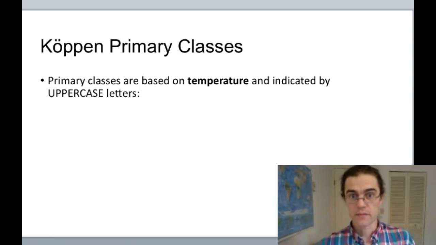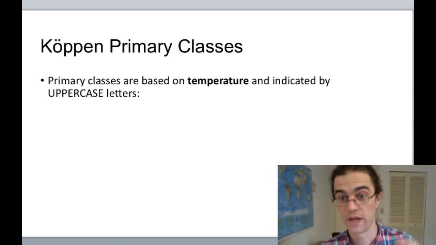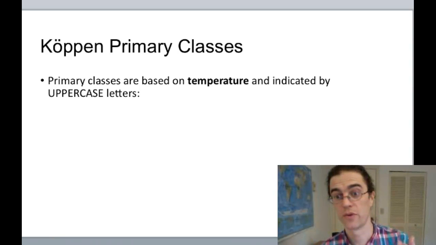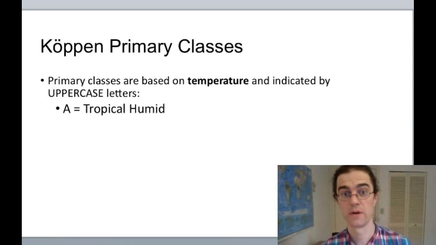So, the primary classes, what this is going to look like is each of these climatic classifications being three letters, either uppercase or lowercase. Primary classes are based upon temperature and indicated by uppercase letters.